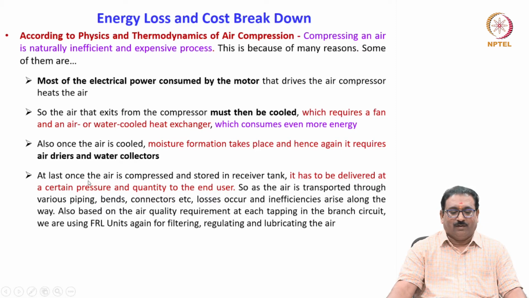At last, once the air is compressed and stored in the receiver tank, it has to be delivered at a certain pressure and quantity to the end user. So, as the air is transported through the various piping, bends, connectors, etc., losses occur and inefficiencies arise along the way. Also, based on the air quality requirement at each tapping in the branch circuit, we are using FRL units, again for filtering, regulating and lubricating the air.